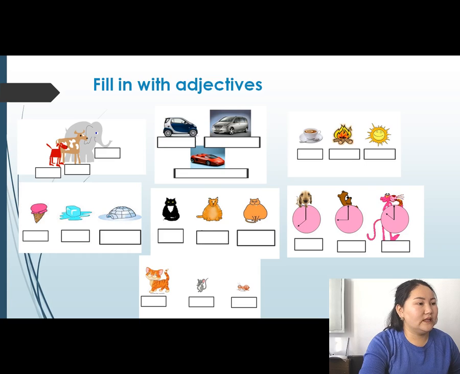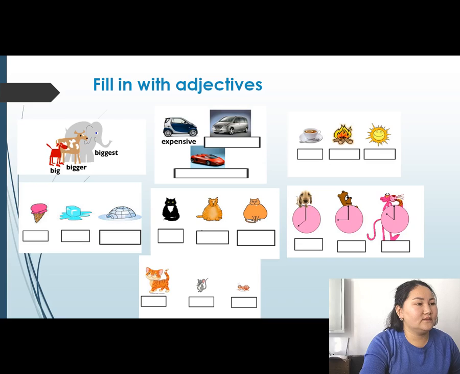Next task, fill in with adjectives. Okay, now let's check. Big. Next, comparative adjective, bigger, and superlative, the biggest, right?